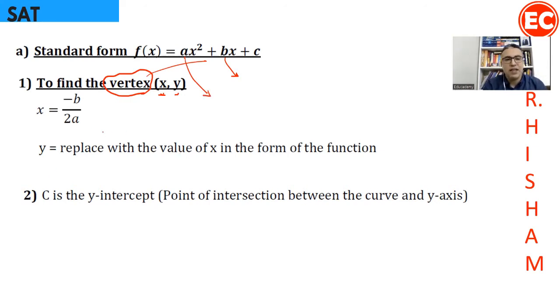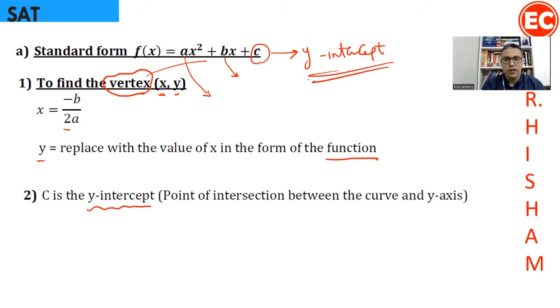By replacing the value of x into the function, I will find the value of y. So this is how to find the vertex. And the y-intercept is the value c.